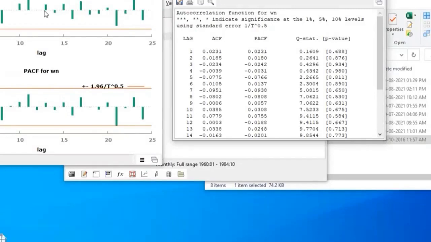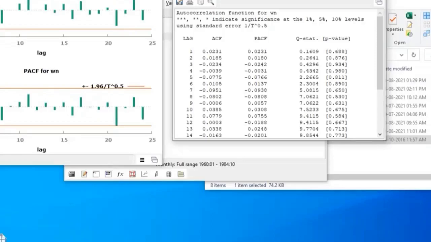There is no autocorrelation. There is no partial autocorrelation. That is why we say that the series for which we have this ACF and this PACF is a white noise series. That particular series has a zero mean, a constant variance, and the correlation is zero. That's why we say we have a white noise.